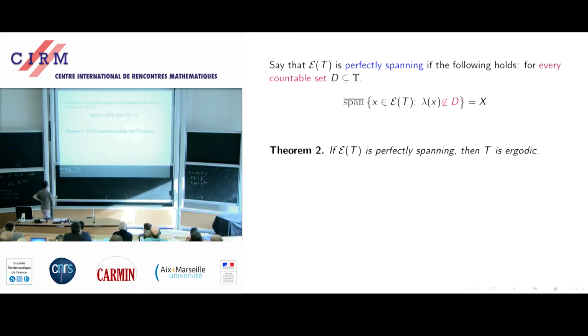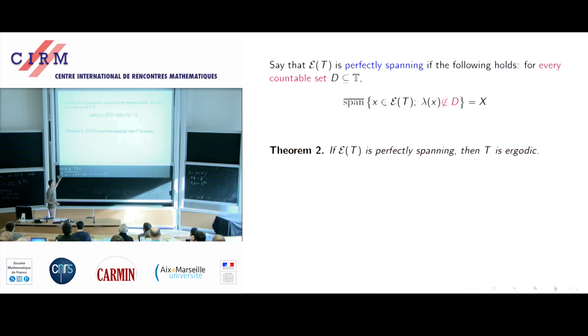I will denote by P of X the set of all Borel, sorry, this is Borel, he was French after all, probability measures on X. You endow it with its usual topology, which is the weak topology of measures.